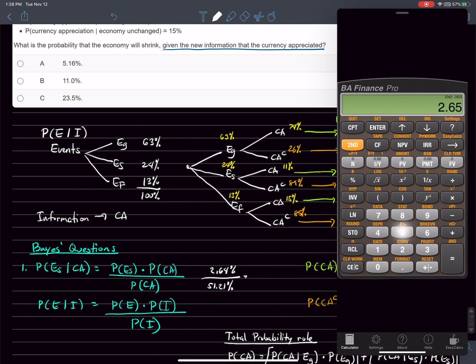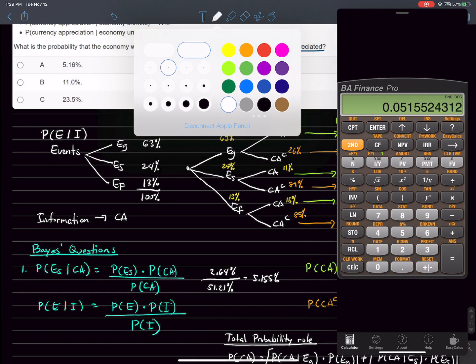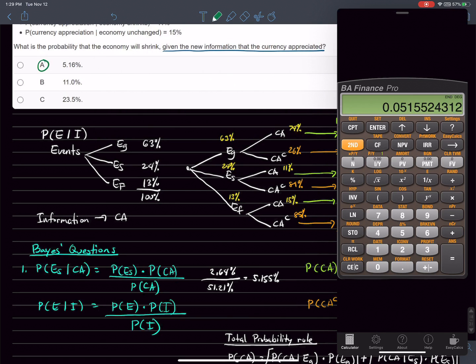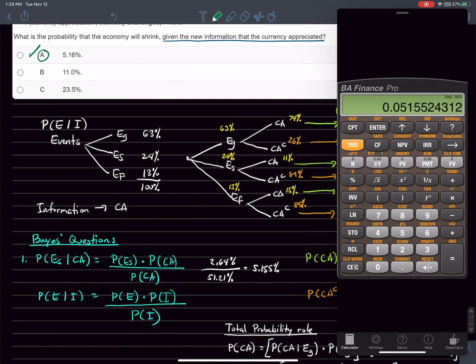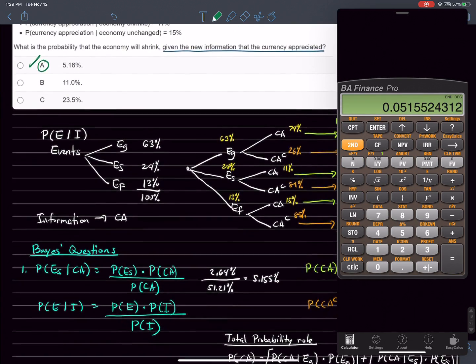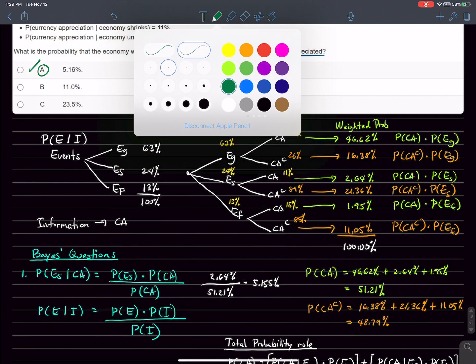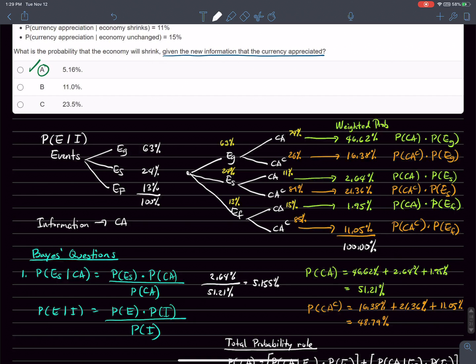But 2.64 here divided by 51.21, which is 5.155%, which will give you choice A. But in the next videos, we'll get these questions for all. Now this is only for one. 2.64%, probability of ES.